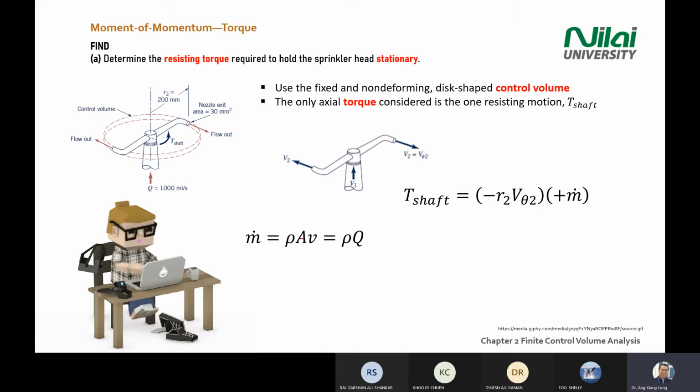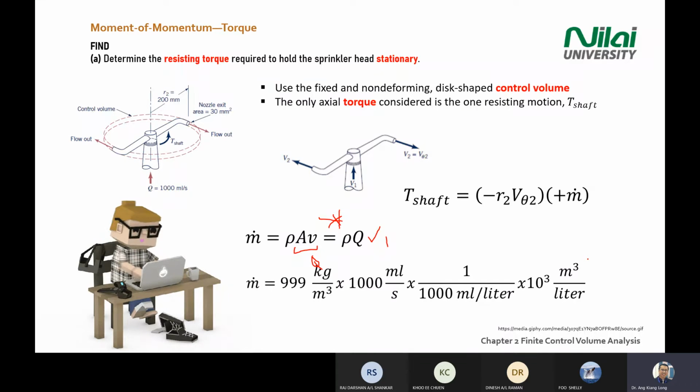So m dot equals rho A V, or A V equals Q. This equation is famous for this module. So rho A V equals Q, I give you 1 mark if you write this equation out. You calculate based on a table for water at a certain temperature. So you have rho and area. In this case, your Q is given as 1000 ml per second.